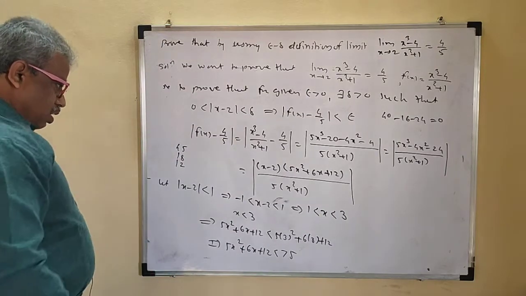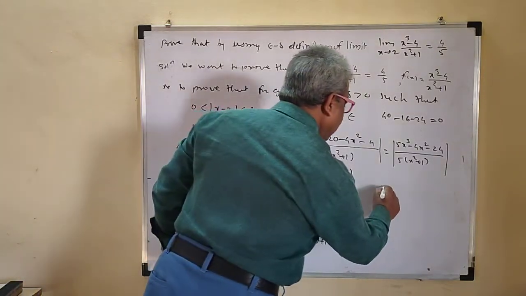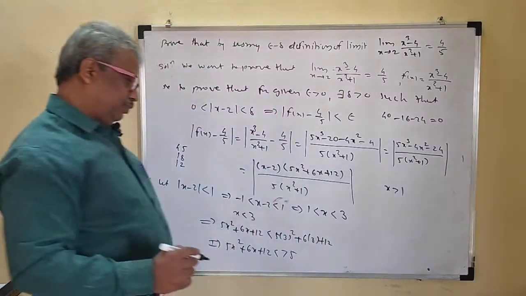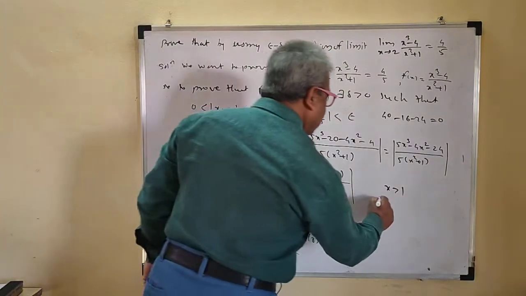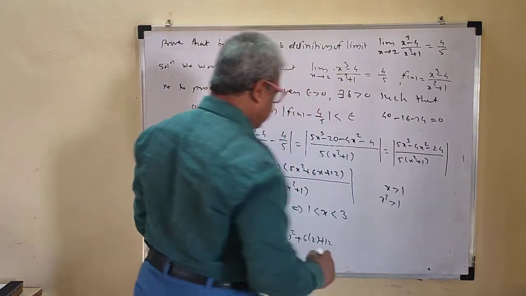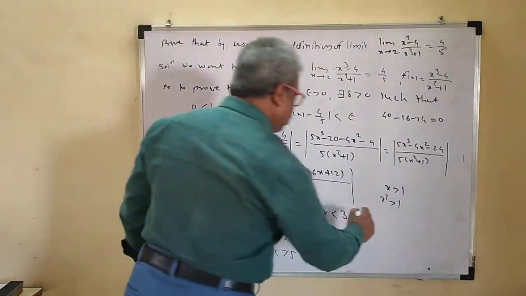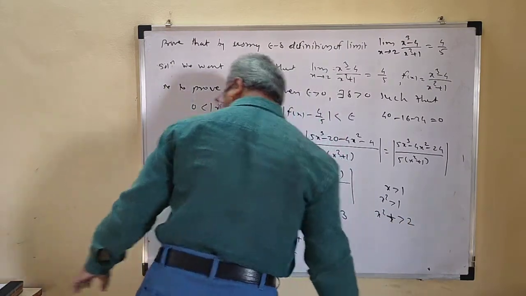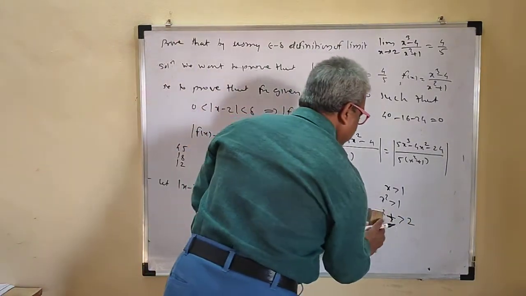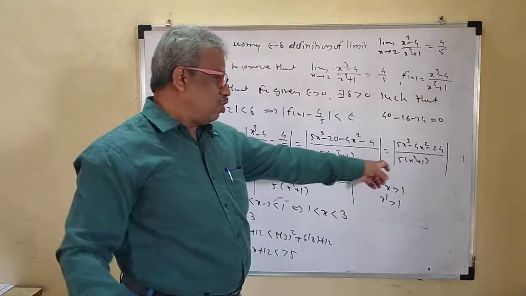Now x is greater than 1, so x square is greater than 1. So x square plus 1 is greater than 2. Now the denominator is also there.